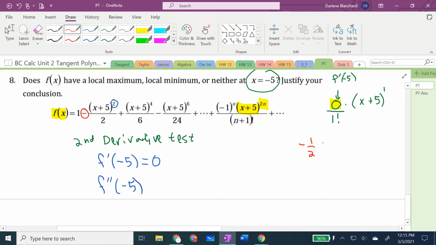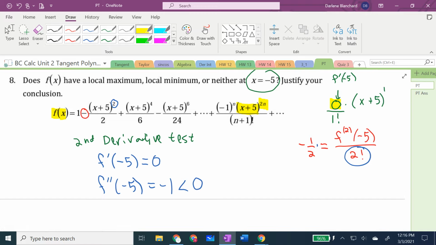And the coefficient must equal the formula second derivative at the center divided by 2 factorial. And that's coming from the Taylor formula. So that means that your second derivative is equal to, if I multiply this over here, I'm going to end up getting -1. And -1 is less than 0. Very, very important.